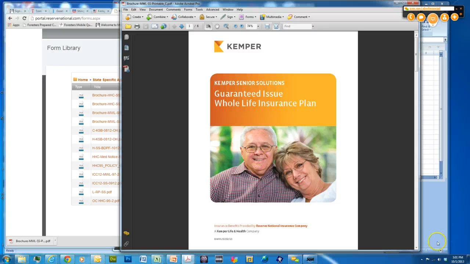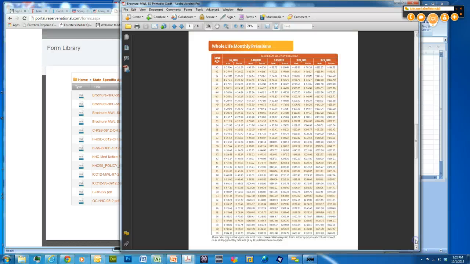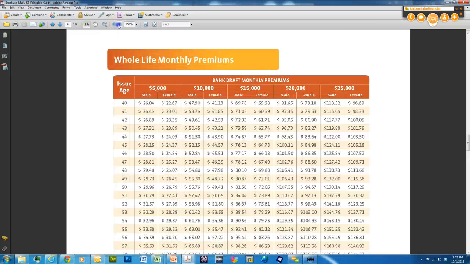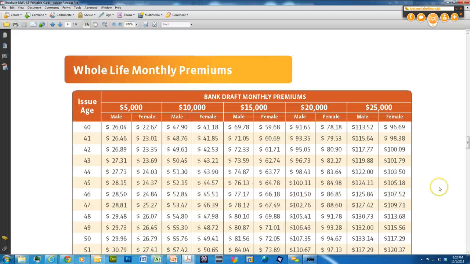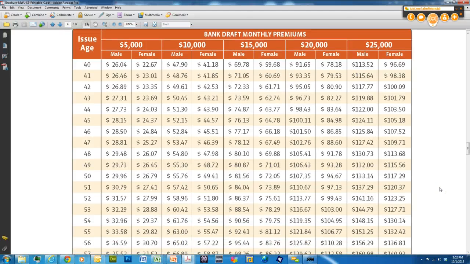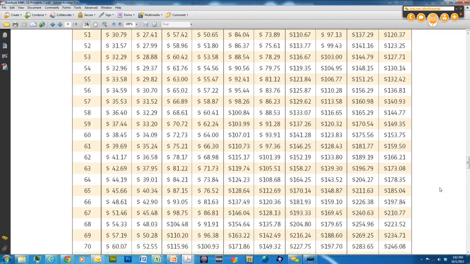Got this lovely gentleman and his wife. And the rates are a rate table. There it is. So let's zoom in. Okay, so our guide, let's say he couldn't qualify for that. CFG 2, Classic 2. So age 70.